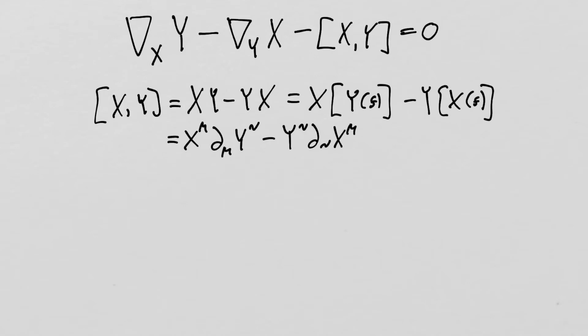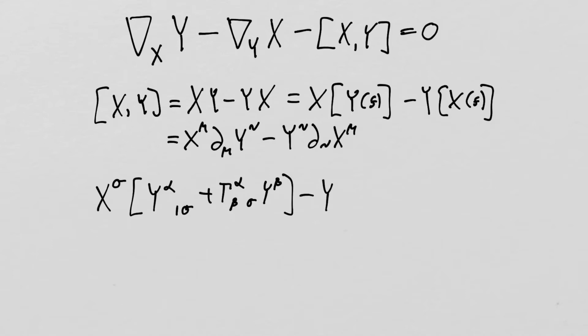This is going to be x sigma times partial sigma y alpha plus gamma alpha sigma beta y beta, minus y delta times, well, let's do partial delta x alpha plus gamma alpha delta rho x rho, right?